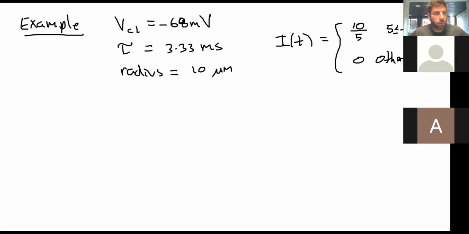So in order to solve this, we have to be very careful on how we do it. When I is 0, think about your integral. What's going to matter is that integral.